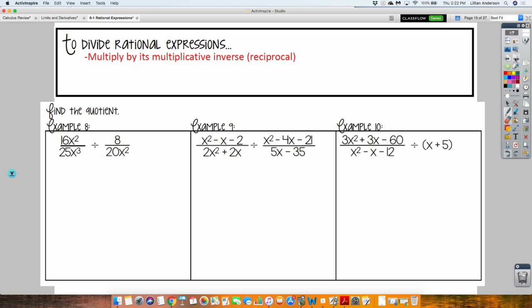A common thing you're going to hear me say is KCF, which stands for keep, change, flip. I keep the first fraction, I change the division to multiplication, and then I flip the second fraction.